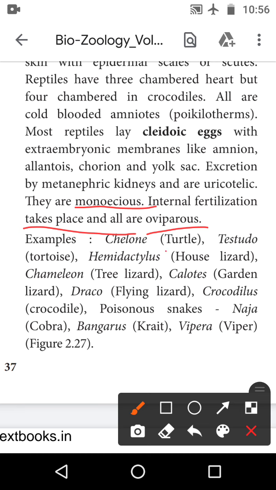So what are the examples of reptiles? All of you see the tortoise, the turtle, house lizard, tree lizard, garden lizard, flying lizard, and crocodiles.